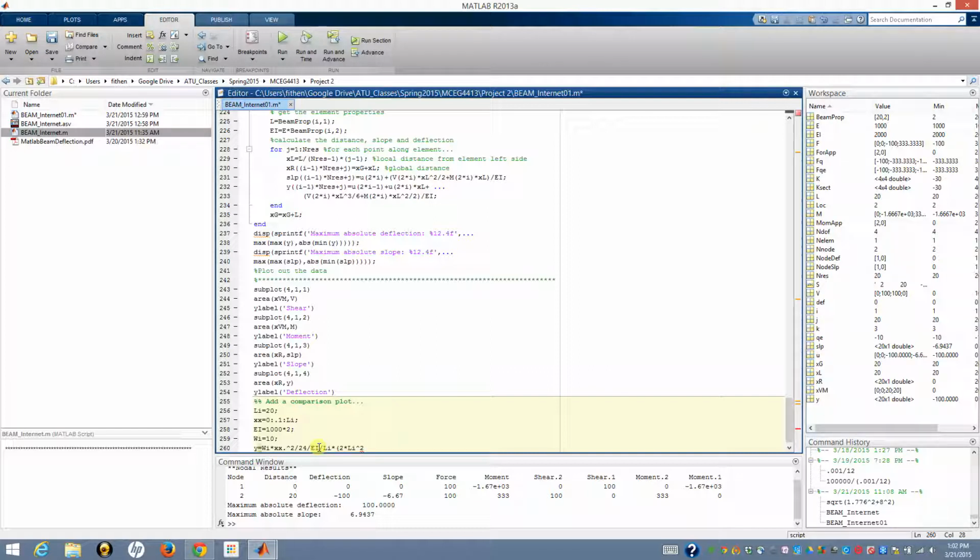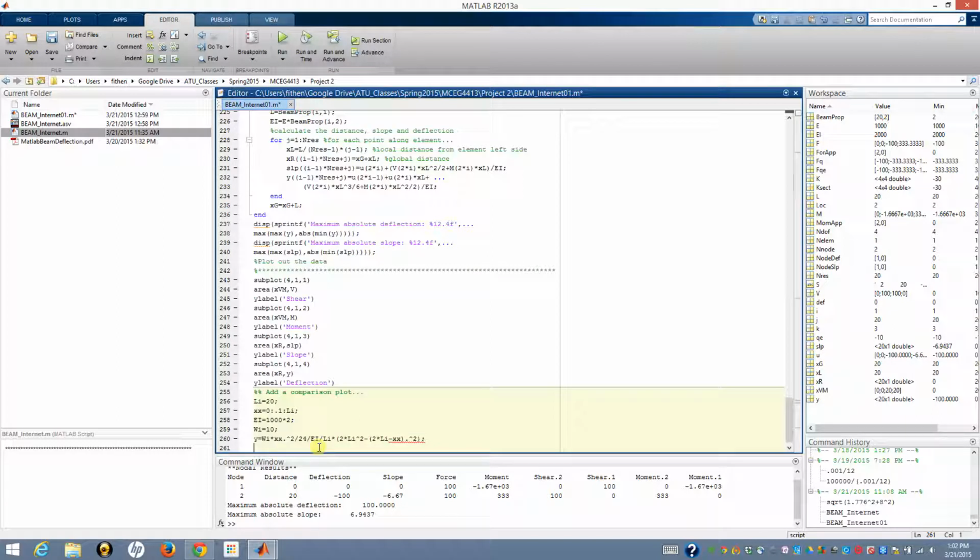I'm picking this out of that equation that I had. 2 times LI minus X, and then you have to square that. Oops. And then what I want to do is produce another figure, and there's figure 10.